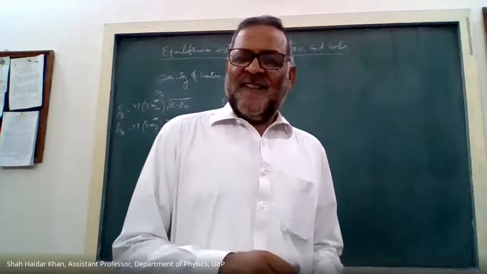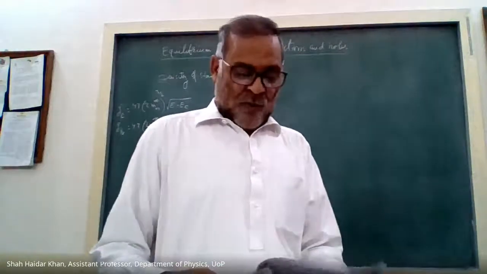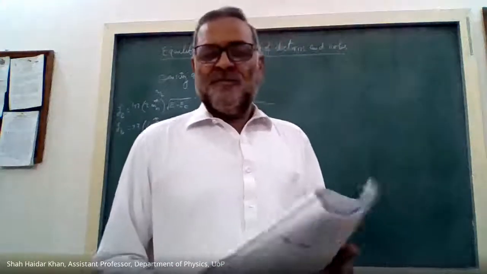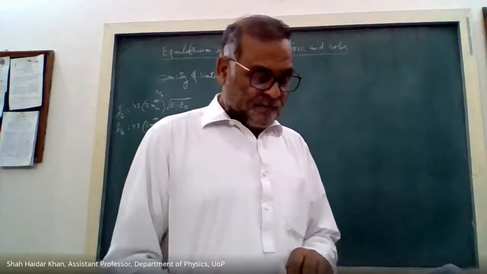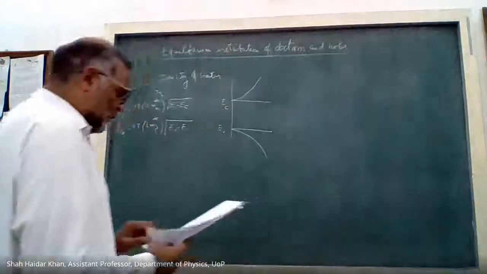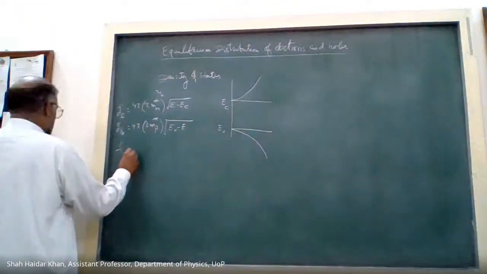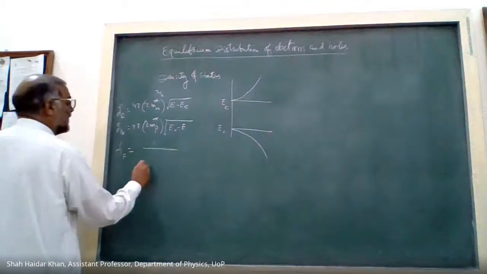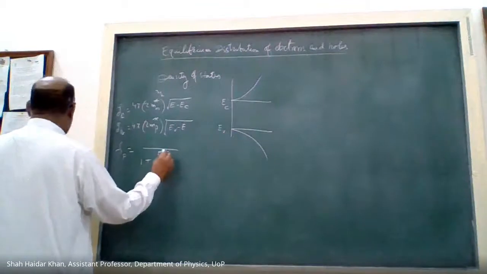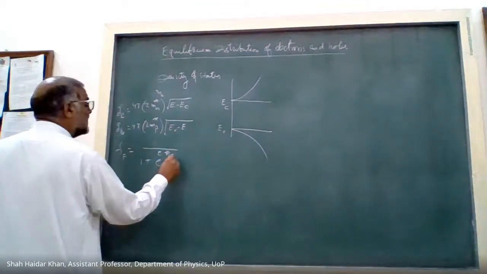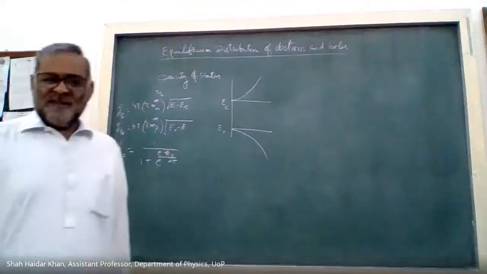right? What is their mood, how do they occupy them? That is given by the Fermi-Dirac distribution, right? The probability of occupation, and we know that the probability of occupation function was equal to 1 over 1 plus e to the power (E minus EF) over kT, right?